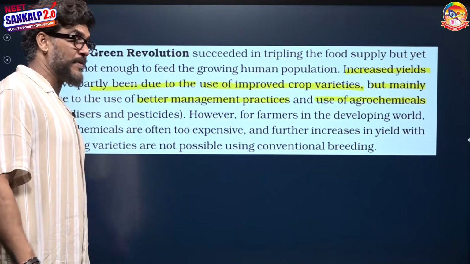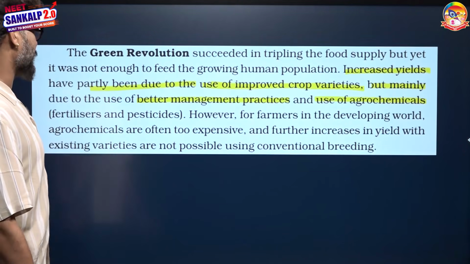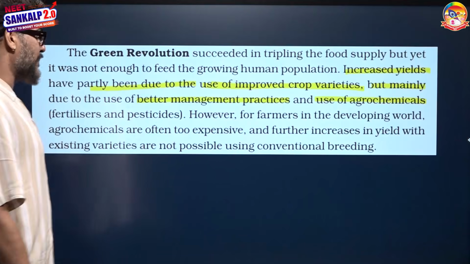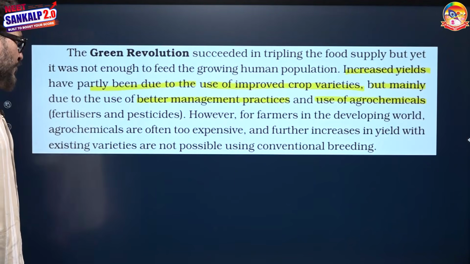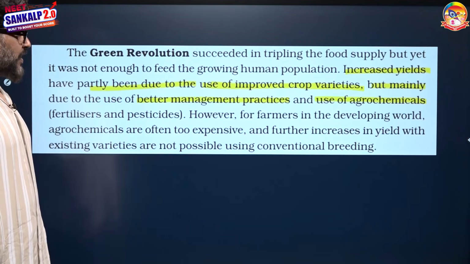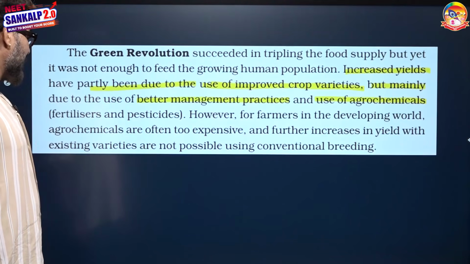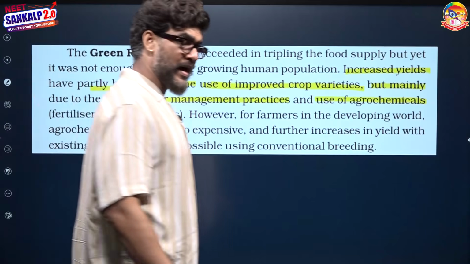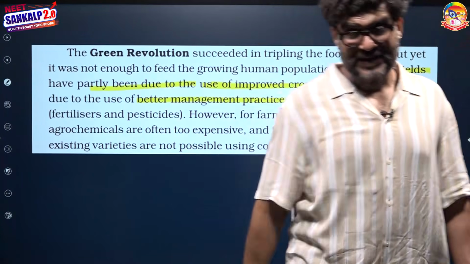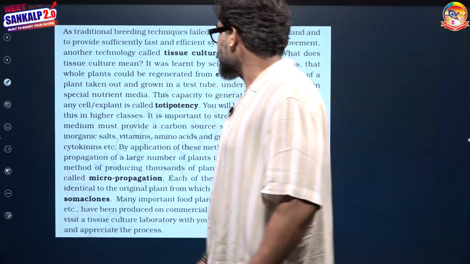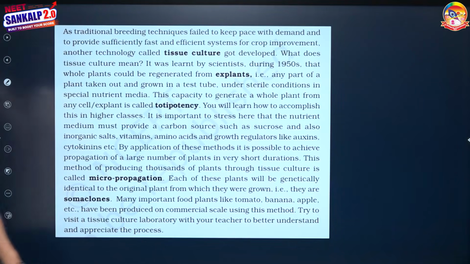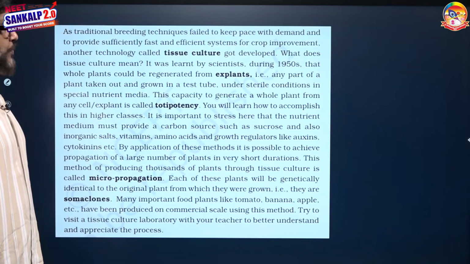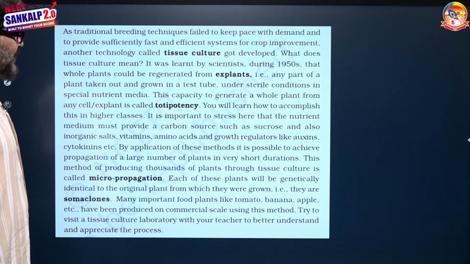For farmers in the developing world, agrochemicals are often too expensive, and further increases in yield with existing varieties are not possible using conventional breeding. So use of agrochemicals is expensive as well as not eco-friendly. Traditional breeding techniques failed to keep pace with the demand and provide a sufficiently fast and efficient system for crop improvement. So another technology is what?